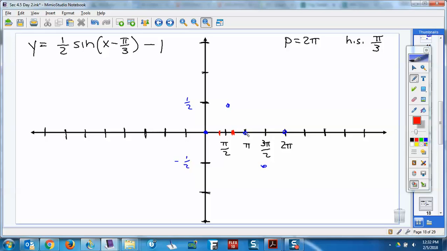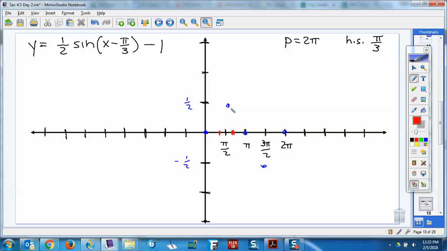But then the problem becomes, what about this point that's at pi halves? Where does pi halves end up if you go to the right pi thirds? What's pi halves plus pi thirds? Can you do that in your head?